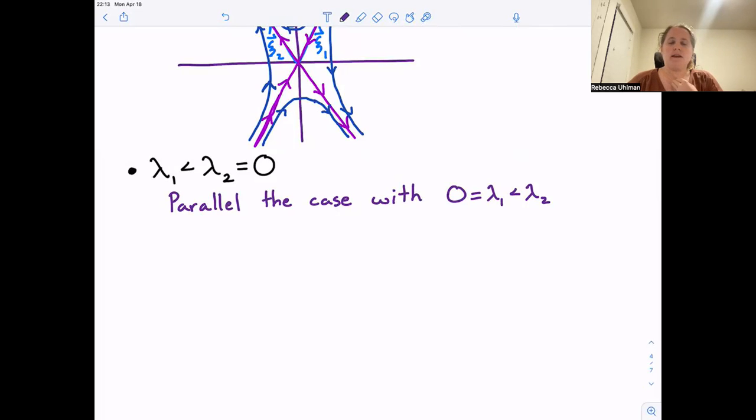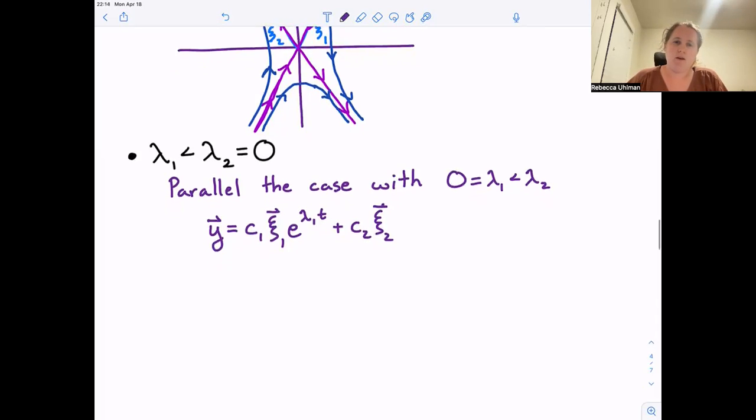It's just in this case, e to the lambda1t will go to 0 as time passes. So we have y equaling c1 psi1 e to the lambda1t plus c2 psi2. There's no e to the lambda2t since lambda2 is 0.